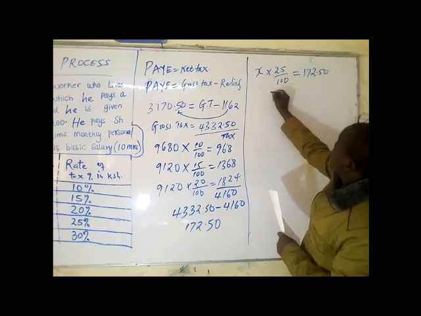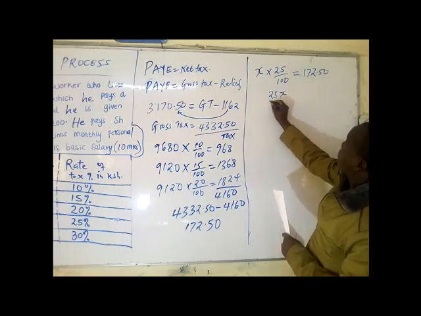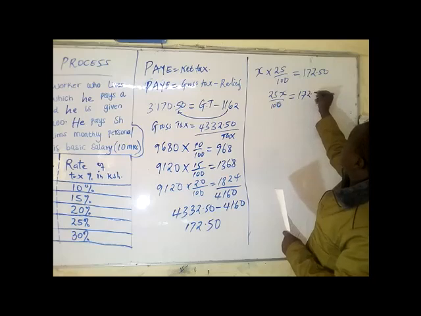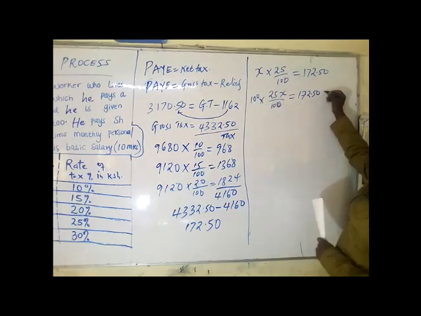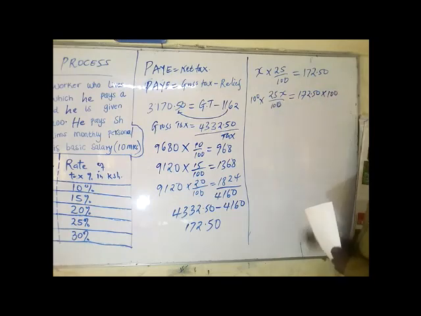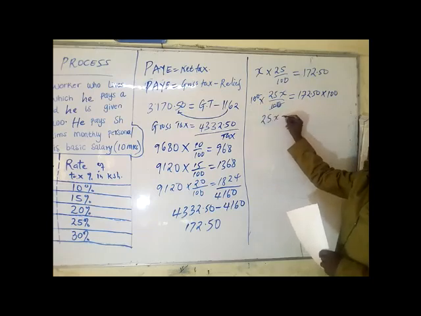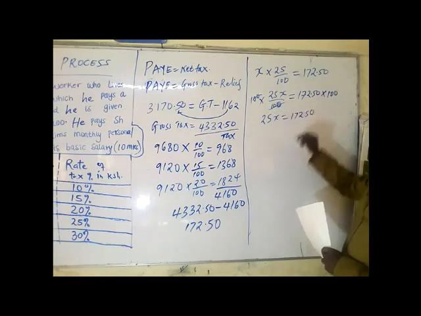So this gives us 25x divided by 100 equal to 172.50. We multiply both sides by 100, so this and this go, and we have 25x equal to 17,250.